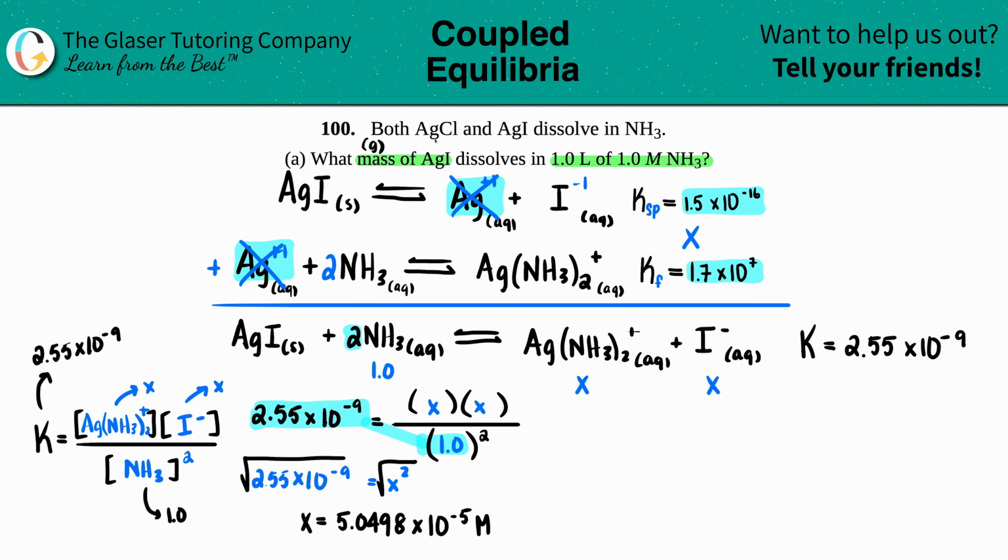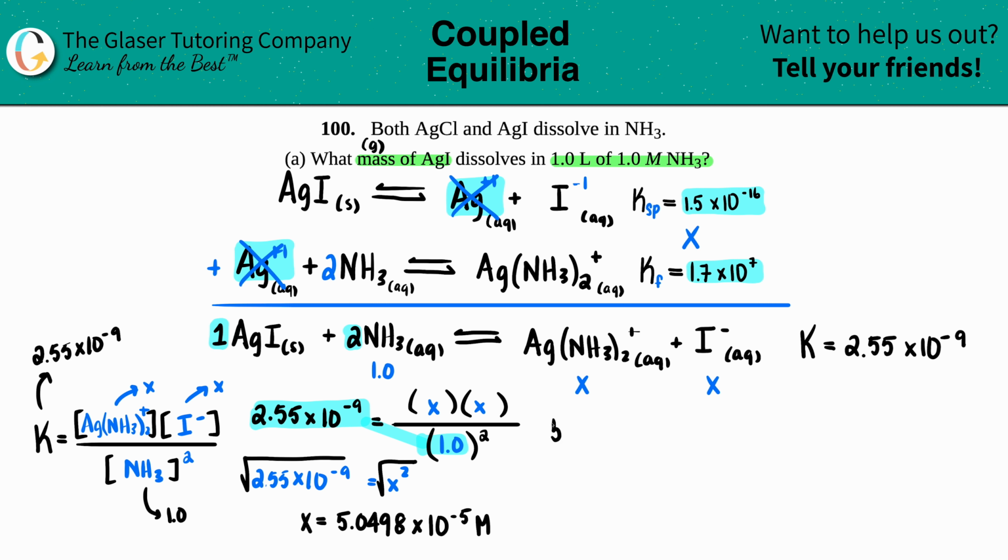However, we care about AgI. And remember, there was only 1 AgI in the beginning. So even though the molarity didn't have anything to do with the K expression, you still have a molarity for AgI. That's the molar solubility. And in this case, we solved for 1X. So the X value is also the molar solubility.